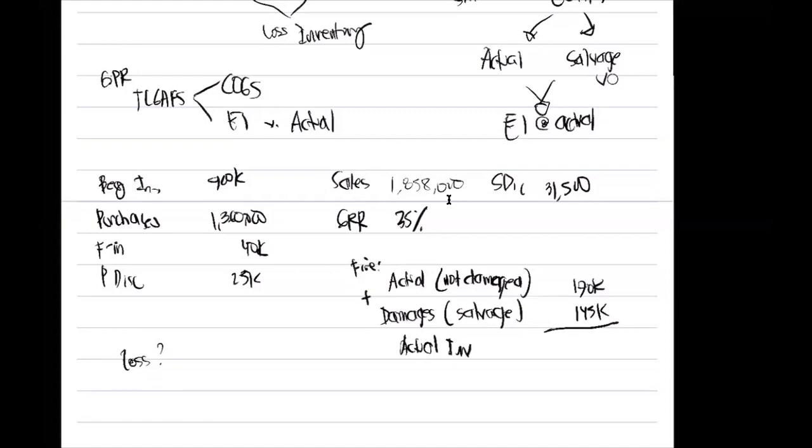We compare it to your actual. Our actual is 315,000. So we have 1,067,300 less 315,000, which is 752,300.